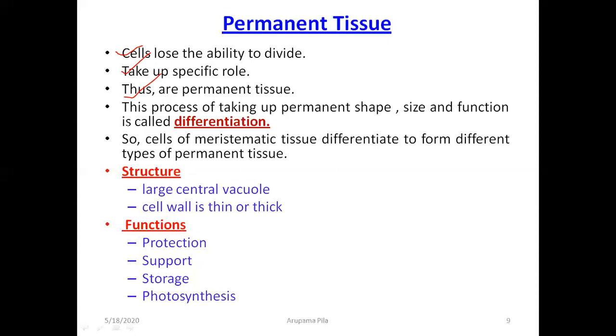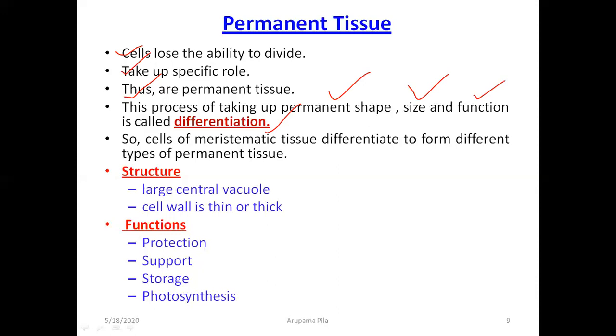So how are all these things happening? All these things are happening because of differentiation. Fine. So what is differentiation? This process of taking a permanent shape, then size and function is called differentiation.